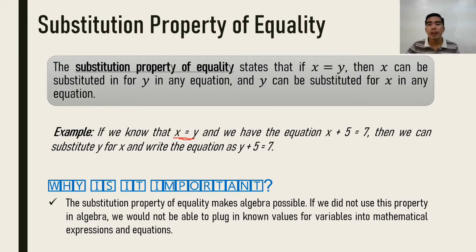So, meaning, if we can't use the substitution of equality, it is impossible to do the process of algebra. Okay? Since in algebra, we can substitute any values depending on the situation, that's why it is possible. Okay? That's it.